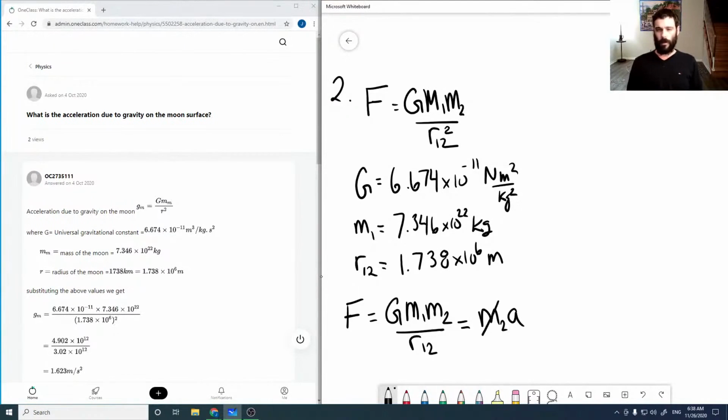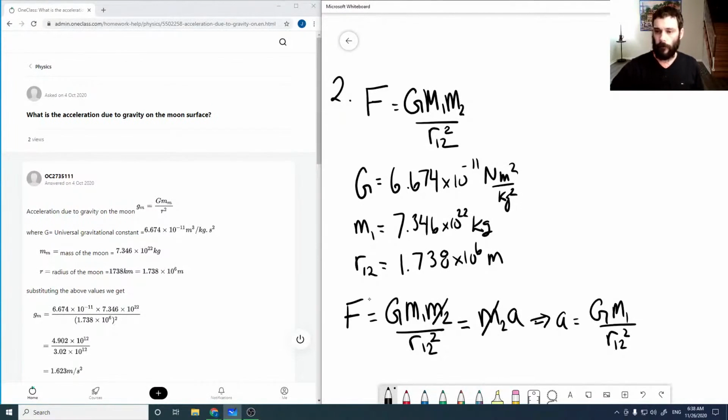So you see here that m2 cancels on both sides of the equation. Then a is our gravitational acceleration, which is just equal to G m1 over r12 squared.